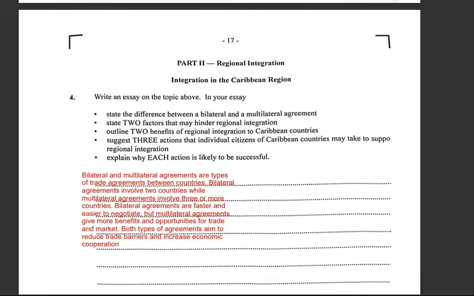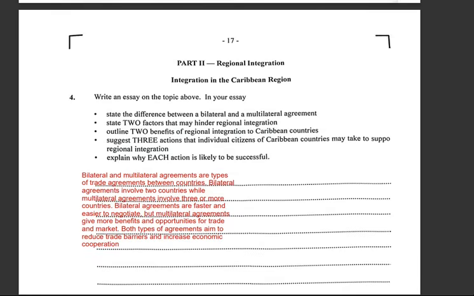Here is another question which says state 2 factors that may hinder regional integration. So one factor here, I should have written this on the paper, but let me just say it out loud. One factor would be the absence of a common strategy for development.